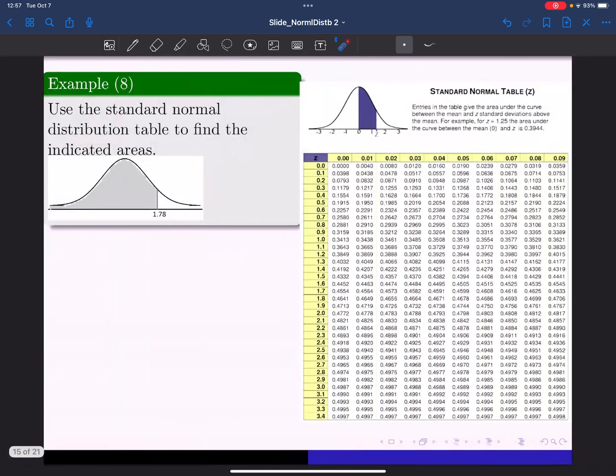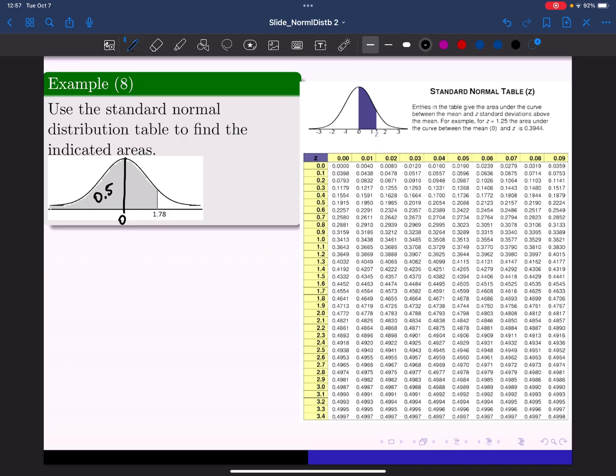Example 8. Now we need to find the given area up to here. As before, let's draw the 0. And we know that this area to the left is 0.5. This area we're going to find from the z table. So we're going 1.7 up to 8.